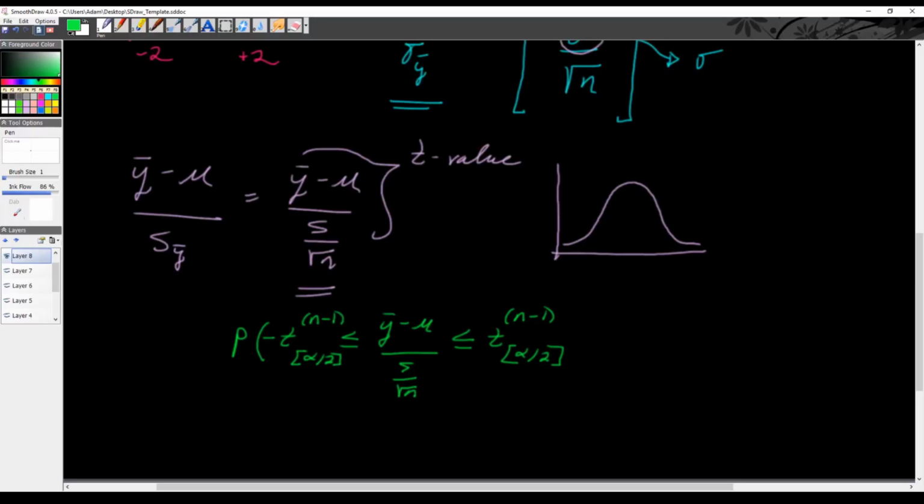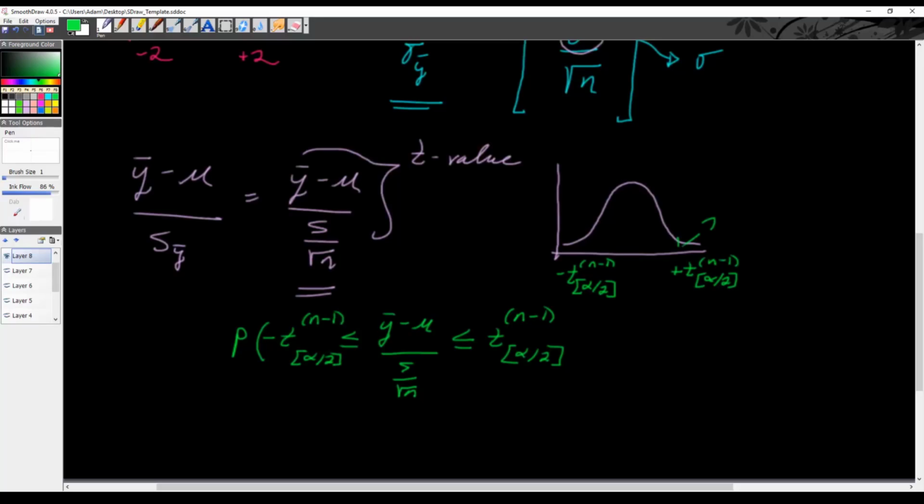So basically I can find the negative t value that puts alpha divided by 2 area in the tail with n minus 1 degrees of freedom, and this positive t value, alpha divided by 2 with n minus 1 degrees of freedom.